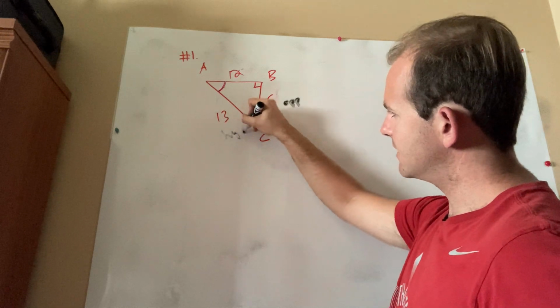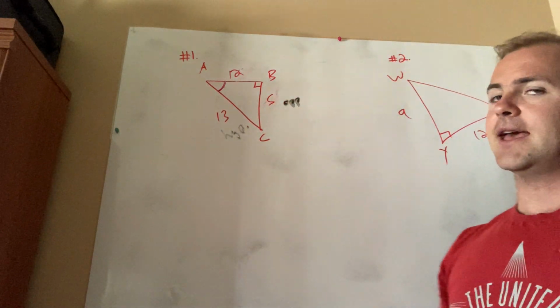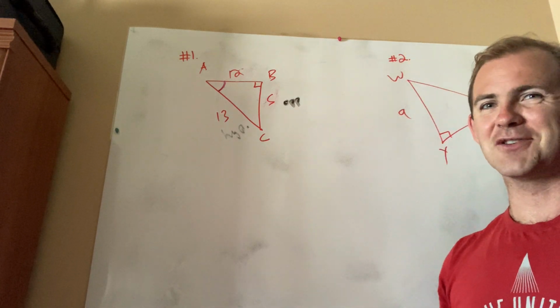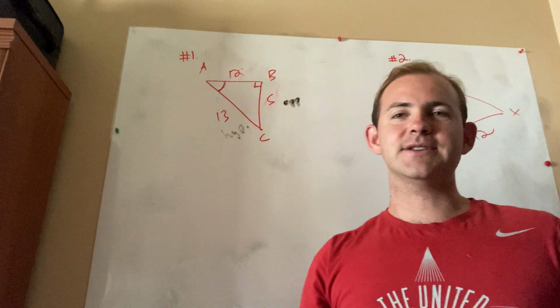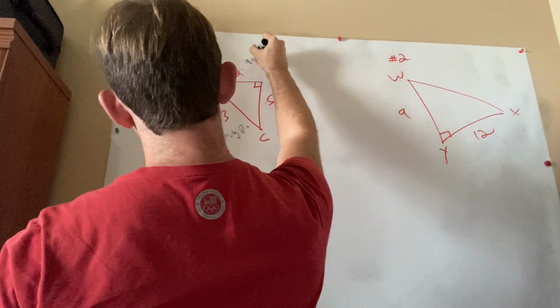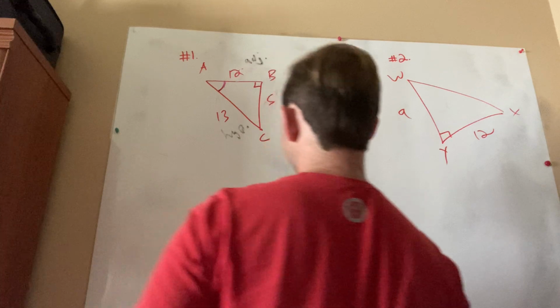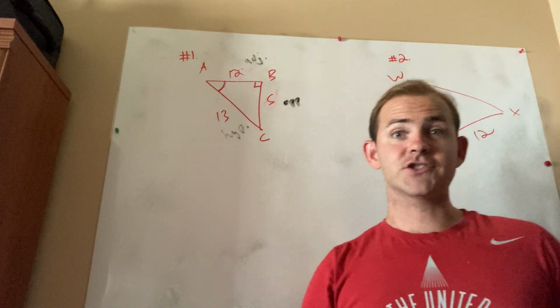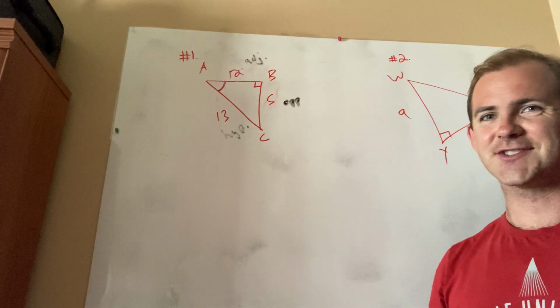And so that is going to be 13, and the adjacent is going to be 12. Why? Because it's the one that's left over, right? It's the one that's next to it, but it's not the hypotenuse. So I'm going to call that adjacent.